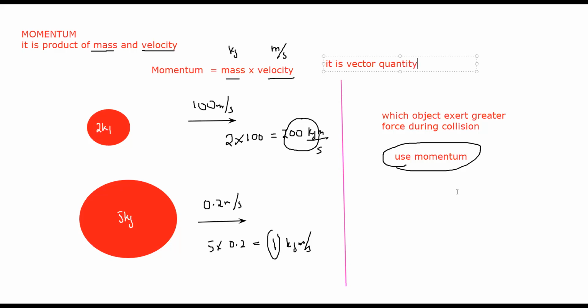So when we say it's a vector quantity, vector quantities have direction. So what is momentum? The momentum of an object is the product of mass and velocity. When the mass of an object is multiplied by its velocity, we get another quantity, and we call this the momentum of the object.